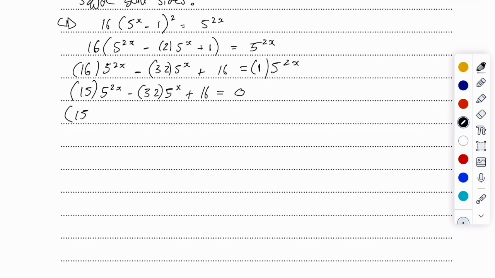We can break this up into 15 times 5 to the 2x, minus 12 times 5 to the x, minus 20 times 5 to the x, minus 32, plus 16 equals 0.